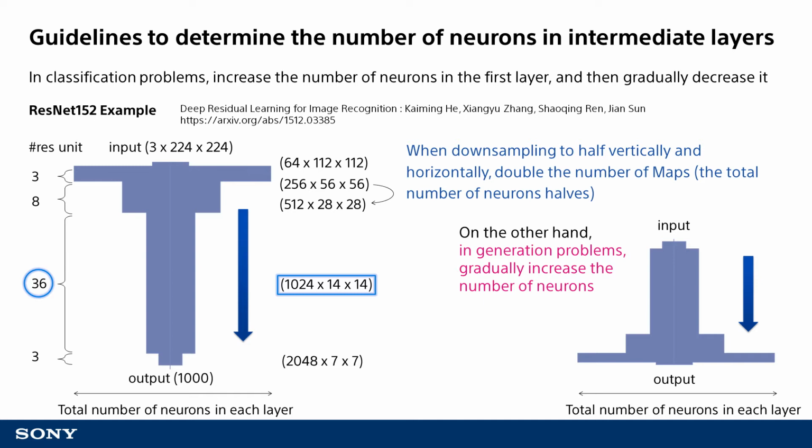This means that we have a convolution layer with 36 units and a total of 108 layers. Finally, the images are downsampled to 7 pixels by 7 pixels, and there are 2,048 images. Here we have 3 units and 9 layers. The network is structured to categorize into 1,000 classes.